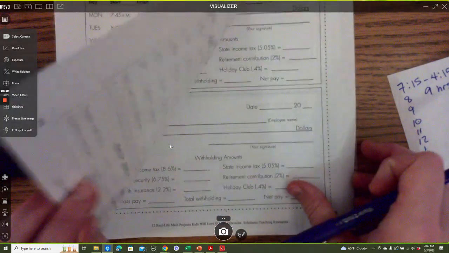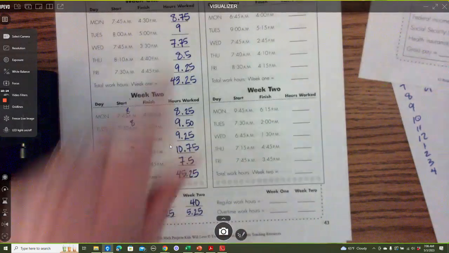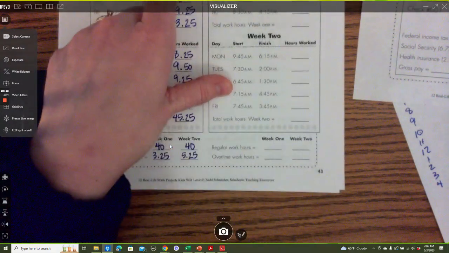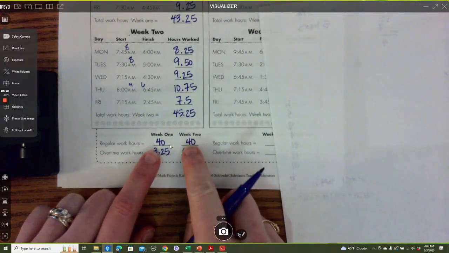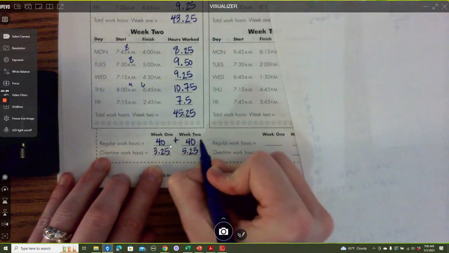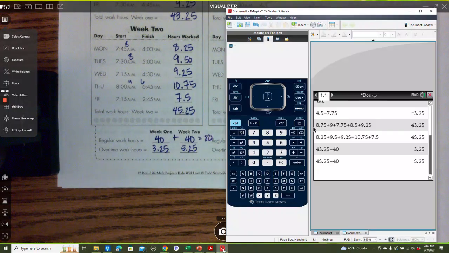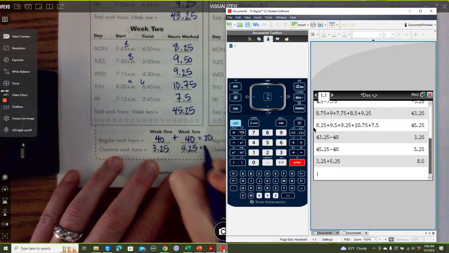Okay, so now we need to write a check out for this guy. Okay, so he makes $7.10 per hour, so that's important too. So let's figure out how much he would make. So his regular work hours are 80, and then his overtime is 8.5.